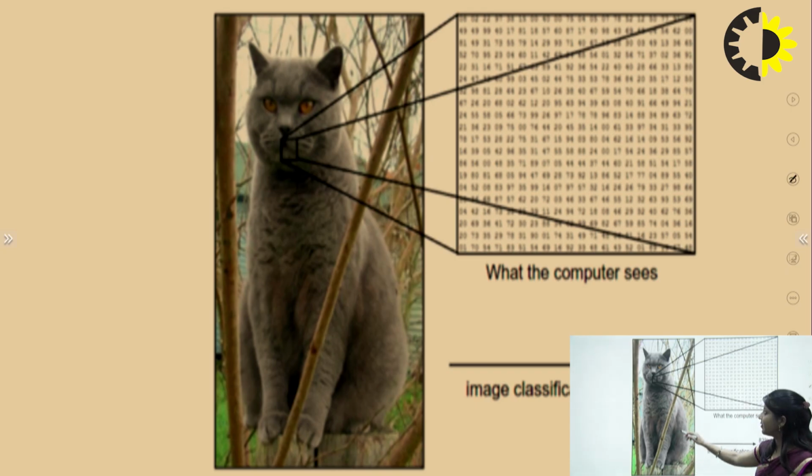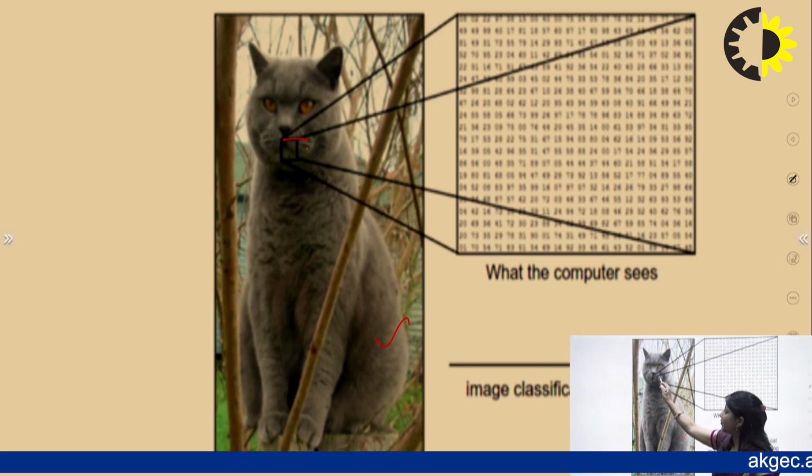If we have this cat image, we all know an image has a number of pixels, so this is a 2D matrix of pixels. We have to extract some features, because the pixels have important features. The pixel value is the intensity value.